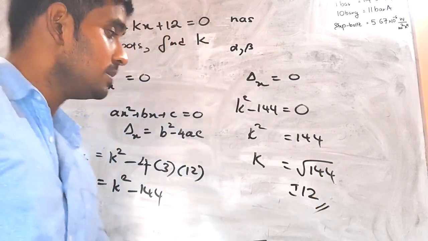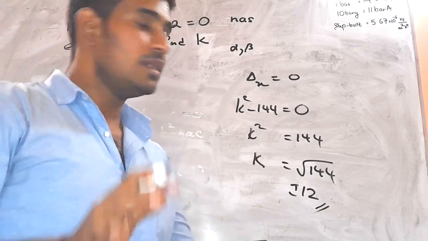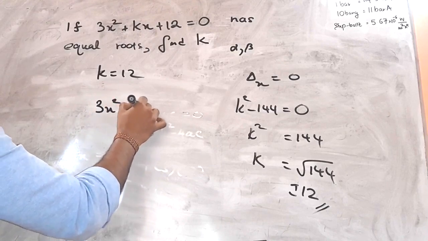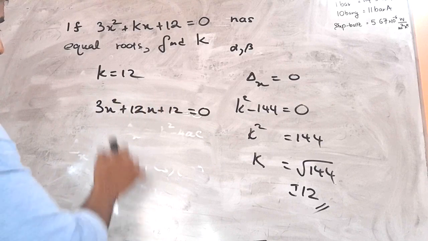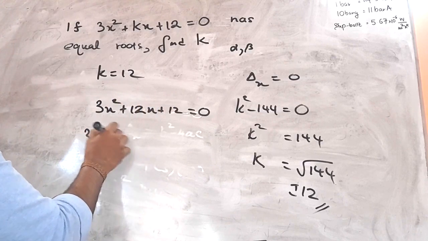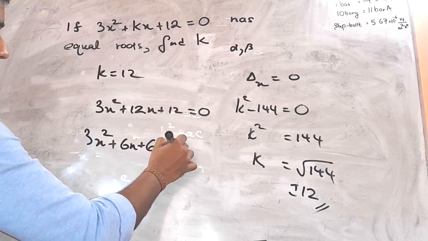Be very careful. Let's consider k equals positive 12. Then we can write 3x squared plus 12x plus 12 equals 0. Now we can factorize this: 3x squared plus 6x plus 6x plus 12 equals 0.